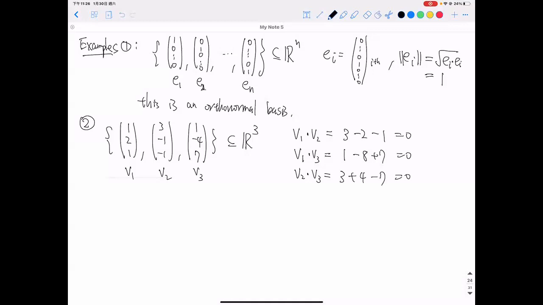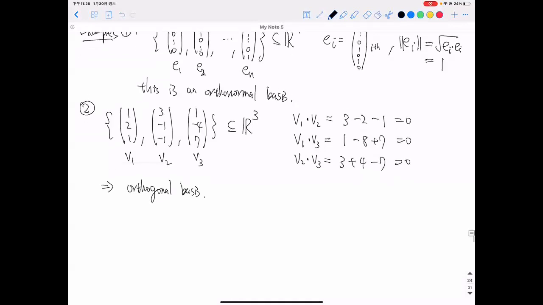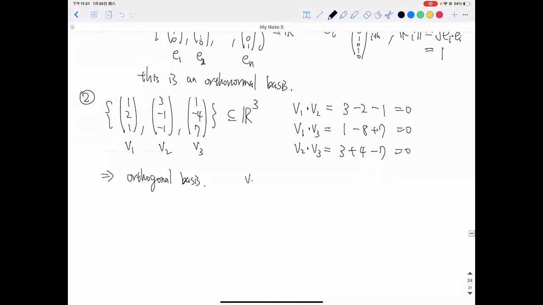So this is an orthogonal set, and the fact that it has 3 elements, which is the dimension of R3, means that you get an orthogonal basis.